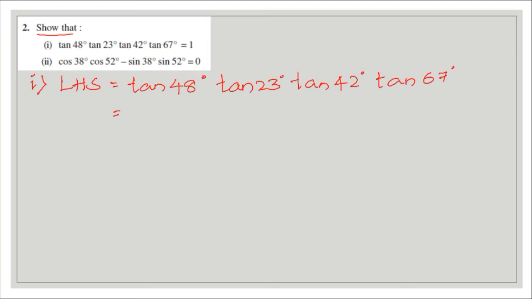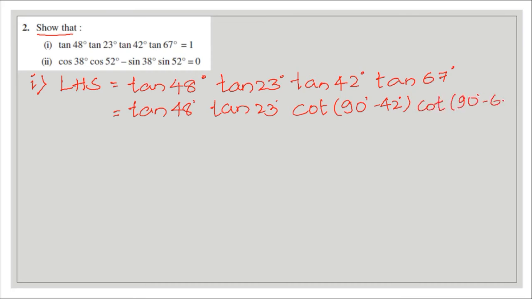What I prefer doing is, out of these four, two of them I'll write as it is, tan 48 degree and tan 23 degree. The next two I'm going to use the complementary relation. Instead of tan, I need to consider cotangent of 90 minus 42 into cotangent of 90 minus 67.